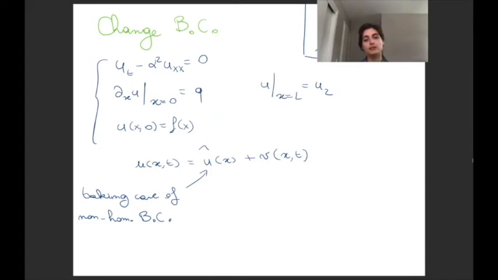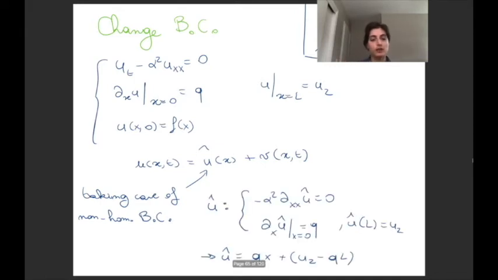And we want û to satisfy the non-homogeneous boundary conditions, while v would satisfy the homogeneous boundary conditions. So when you write the problem for û, you have û satisfying the second order derivative with respect to x of û being equal to 0, and the full non-homogeneous boundary conditions.